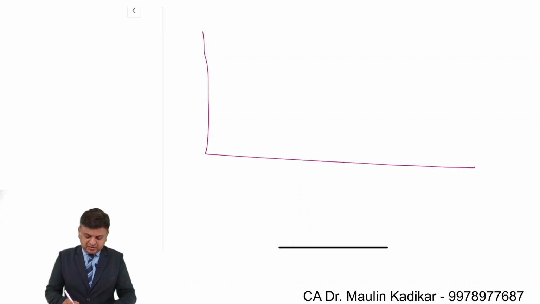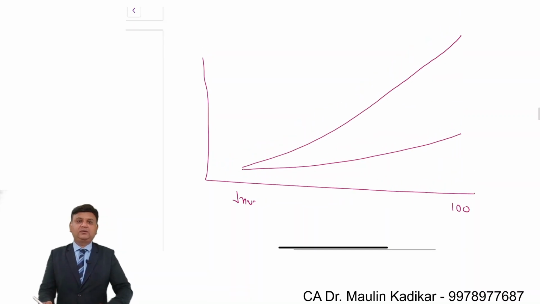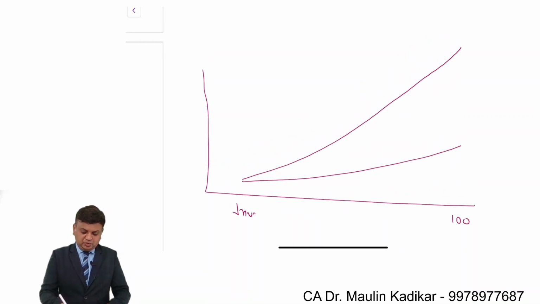As far as the treasury bill is concerned, if you start investing over here, after 100 years you reach over here, and the same equity will have this amount of the return. So there is always a huge gap between them.